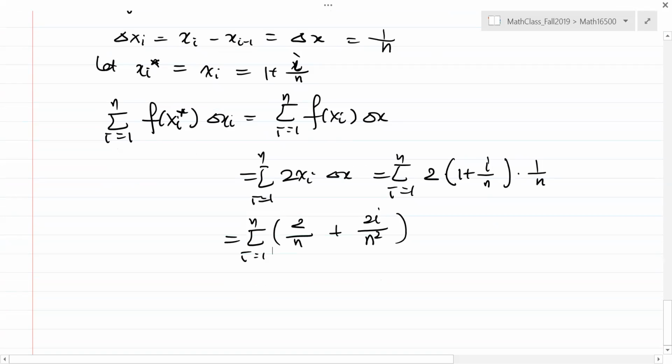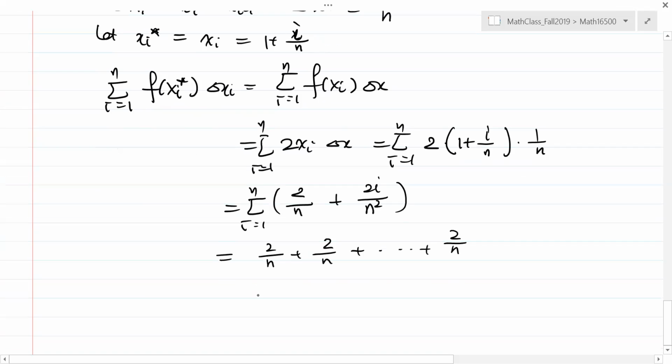If you separate them, the first part is 2 over n added n times, so you have n terms. Then you have 2 over n squared times 1, 2 over n squared times 2, up to 2 over n squared times n.